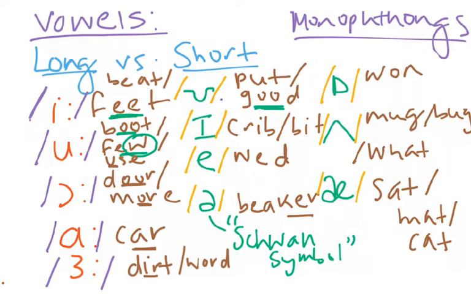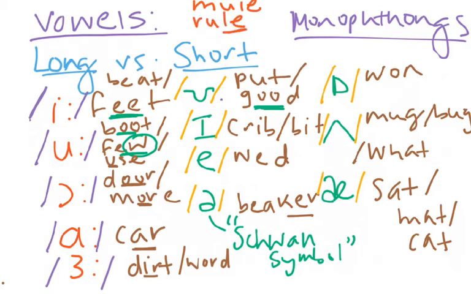For example, for the long U sound, I would like to add a couple of other words. We like to think of this as a rule: words that end with LE. For example, I'm going to write the word mule, or the word rule.